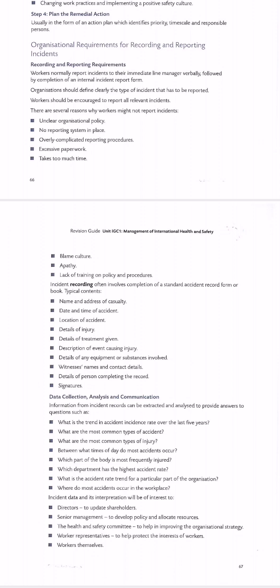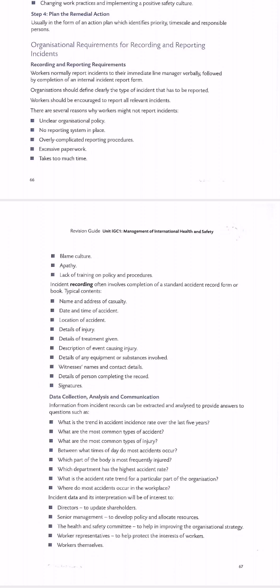Typical content: what is involved in this incident recording? Number 1, the names and addresses of the casualty or the incident that happened. Number 2, the date and time of the accident, right? Then the location of the accident, details of injury, if anybody was injured, details of treatment given, whether they gave first aid, right?